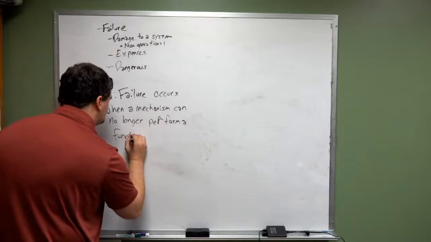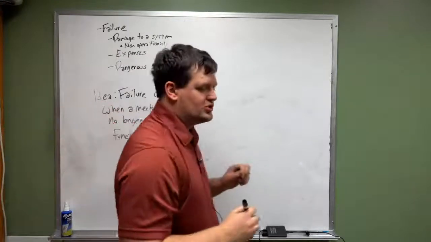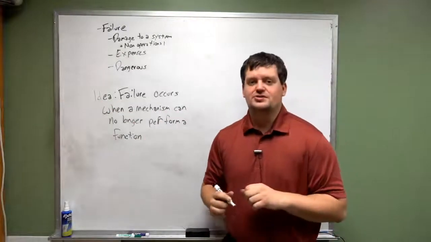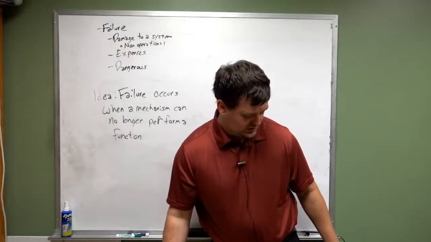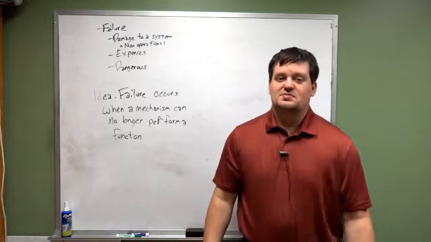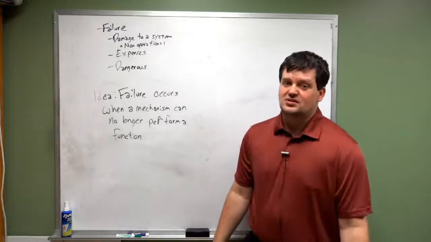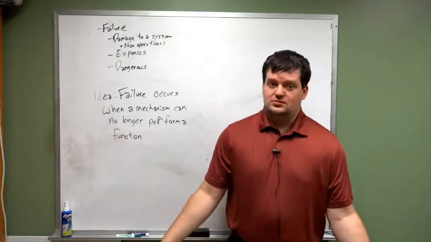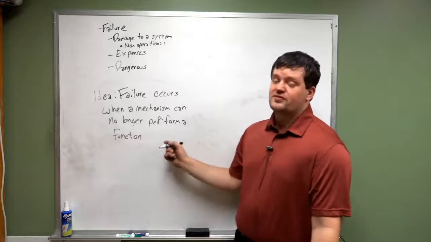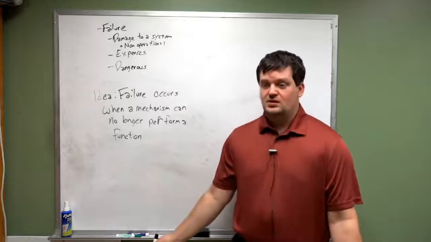But really, failure is at a much larger scale. Failure occurs when a mechanism can no longer perform its function. Okay? This could be because something gets stuck in a gear. This could be because a motor burns out. Failure can occur for many reasons.